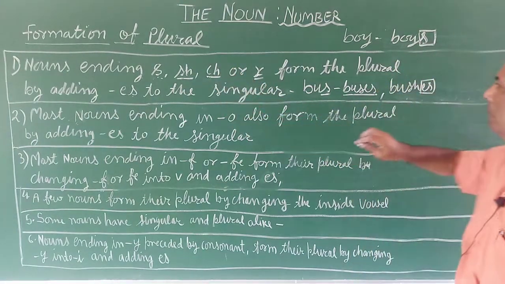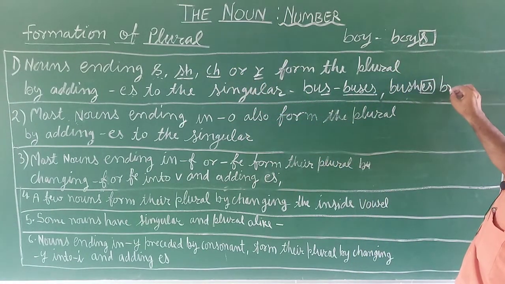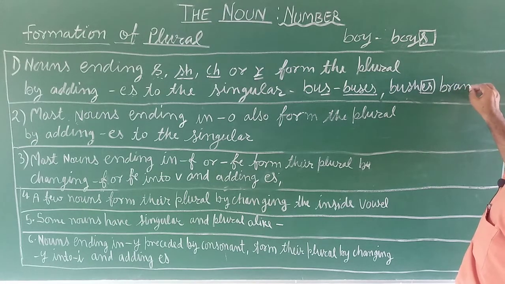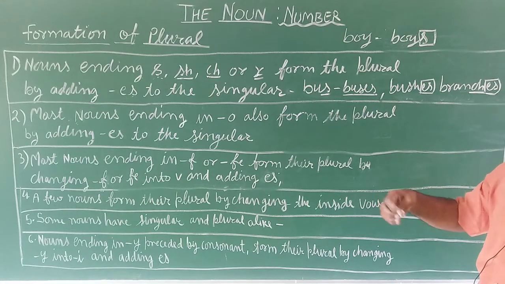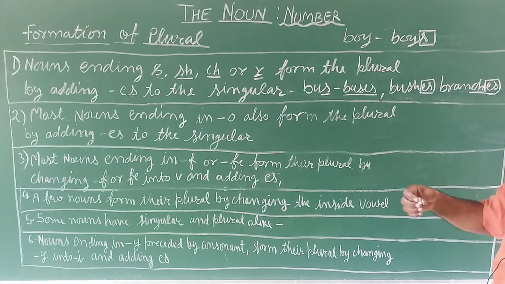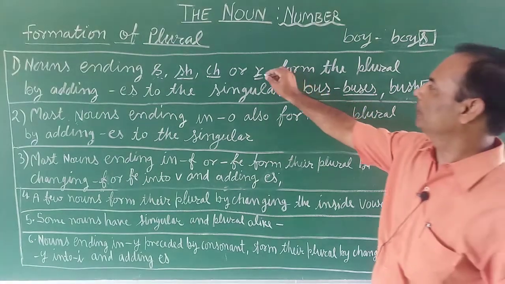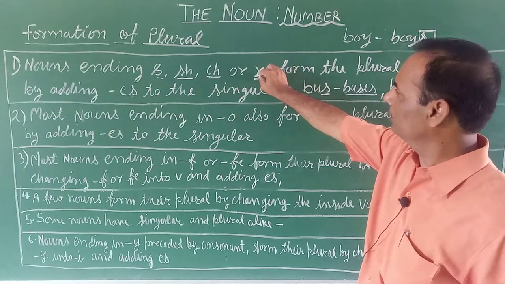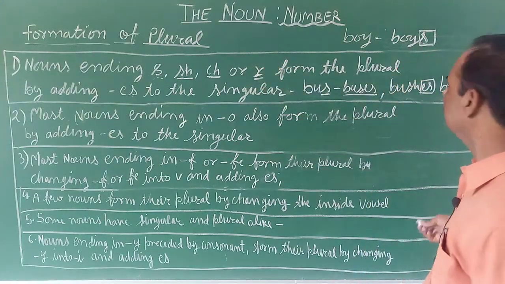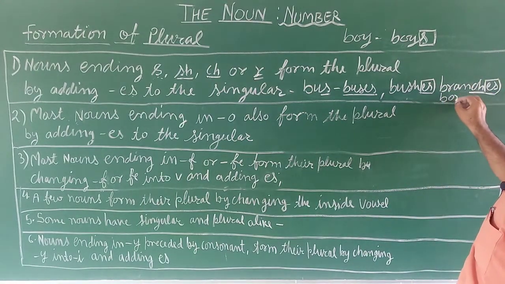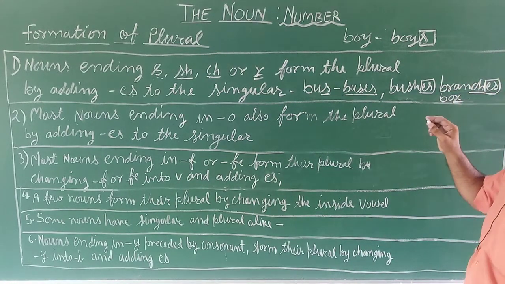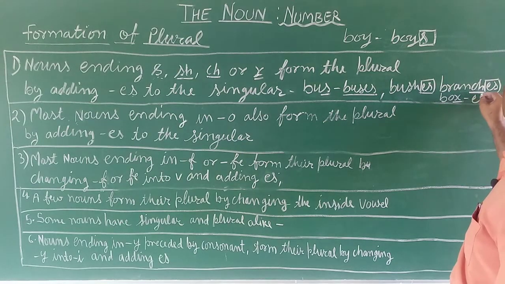CH, as branch, ending with CH, so we use ES to make it plural, branches, church, churches, etc. If ending with X, then we also use ES to make it plural, as box, ending with X, so we have to use ES to make it plural.